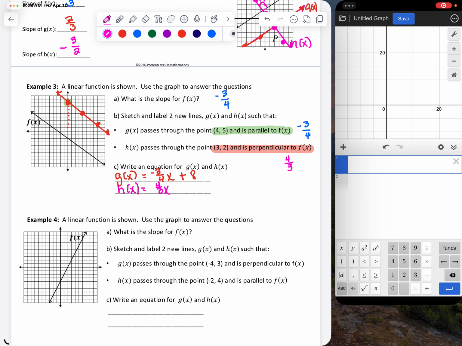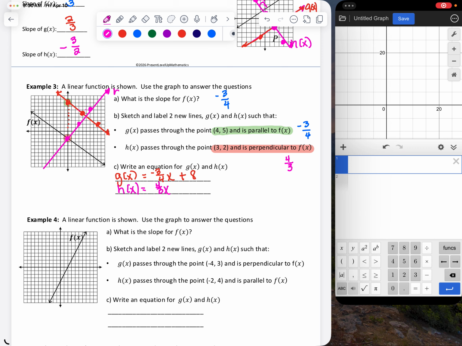All right, so let's get my beginning point, (3, 2). So there's your beginning point. And I want to go up 4, right 3. And now I'll go the opposite way, down and left. Perfect. I now know the b. I know where it touches the y-axis. So let me draw in this line here.